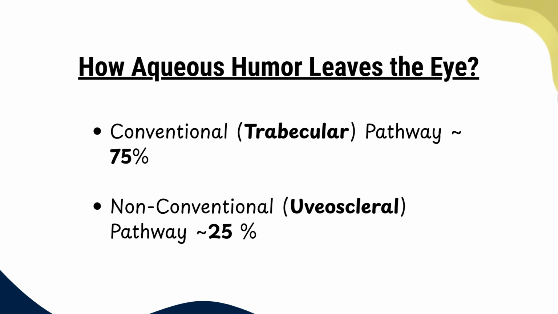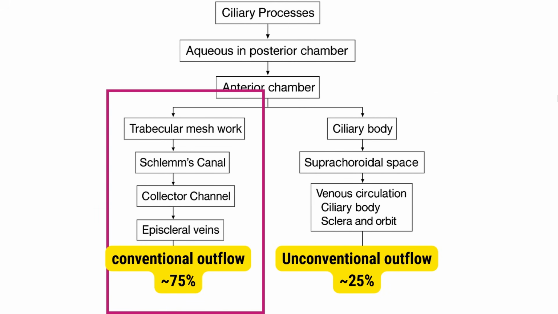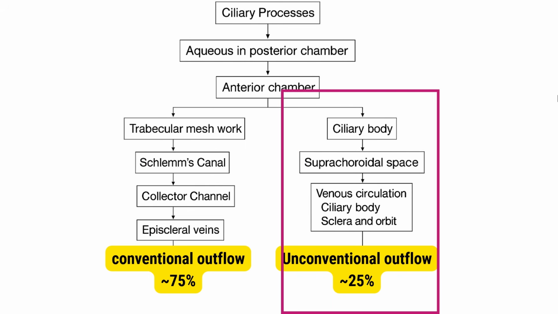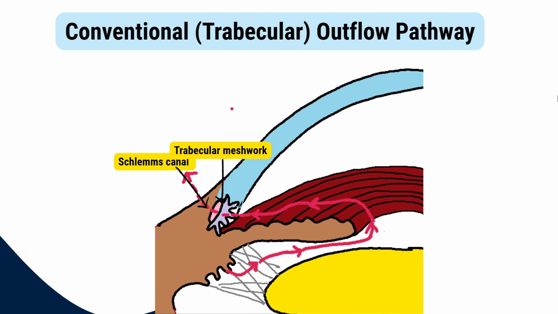Next we have the uveoscleral pathway, which is the non-conventional pathway responsible for 25%. In the conventional pathway, the aqueous humor flows through the trabecular meshwork, whereas in the unconventional pathway, the aqueous humor bypasses the trabecular meshwork and instead passes through the ciliary body or the ciliary body band.